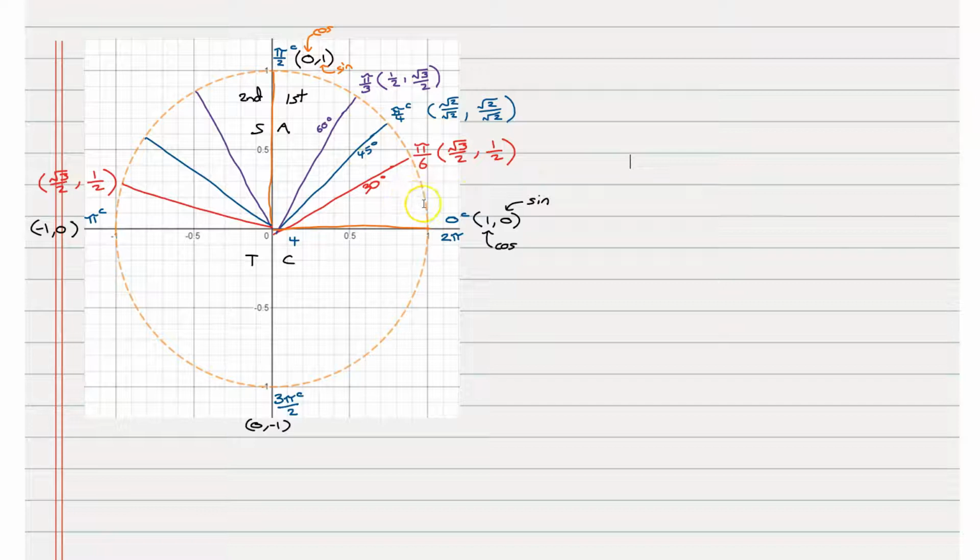So everything coming out of sine, cosine, and tangent between a domain of 0 radians and pi on 2 radians, they're all going to be positive. But for quadrant 2, only the output of the sine function is going to be positive. So what that means is over here, our sine value is half. So that's going to stay positive, but our cosine value is going to become negative. So it's negative root 3 over 2.